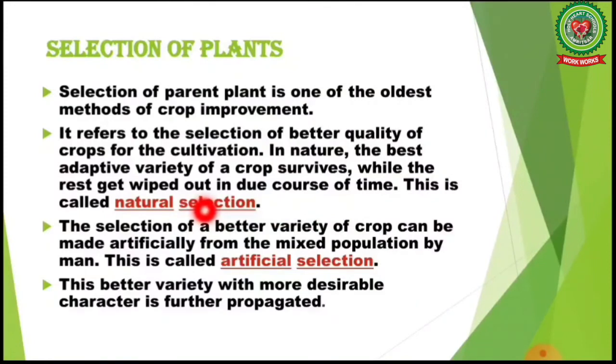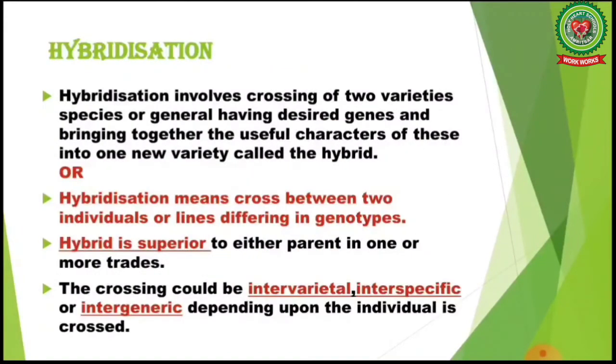This is called natural selection. The selection of a better variety of crop can also be made artificially, that is, it can be done by man from the mixed population. This is called artificial selection. This better variety with more desirable characters is further propagated.